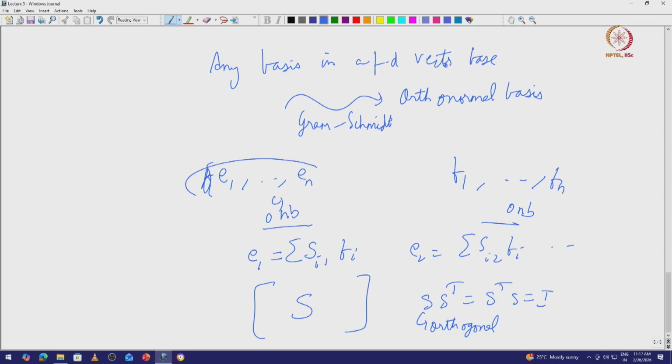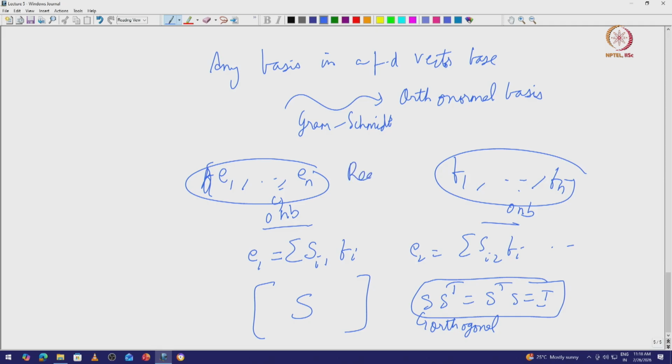If this is an orthonormal basis and I change it by an orthogonal matrix, I get another orthonormal basis. And if I have two orthonormal bases, the change of basis matrix is orthogonal. That is why this is called an orthogonal matrix, precisely because it is used to change between orthonormal bases. This is in a real vector space.